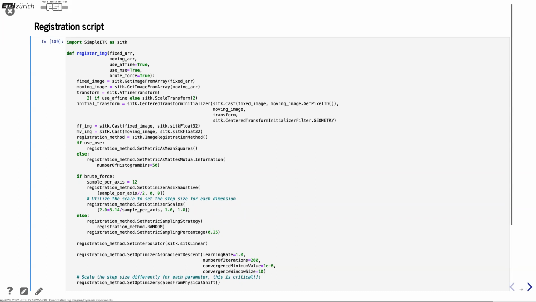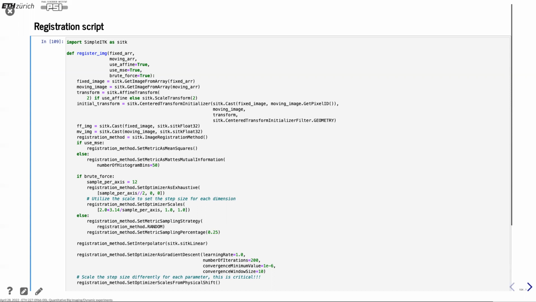You set which kind of transform you want to use, also some initializer, and then we set the metric as mean squared, or as Mattes mutual information. That's another kind of metric. Then which kind of algorithm we want to use, brute force or simple, the metric sampling strategy is set to random. So there is a lot of details in this code.